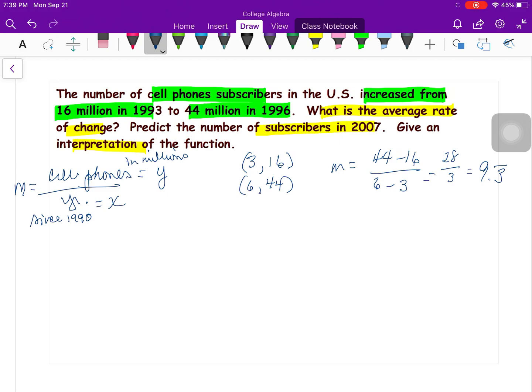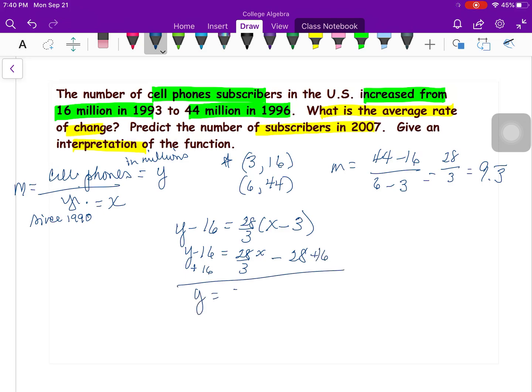So I'm going to use my starting point here. So y minus 16 equals slope times x minus my x coordinate. That gives me y minus 16 equals 28 thirds x minus 28. I'm going to add 16.